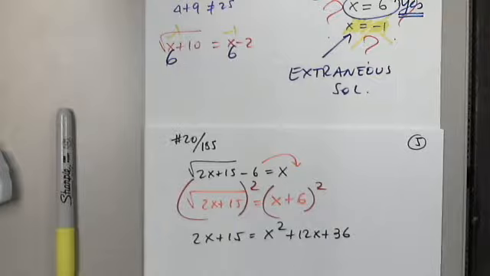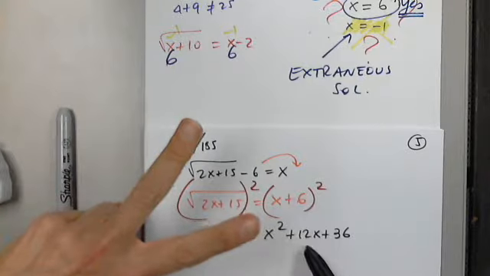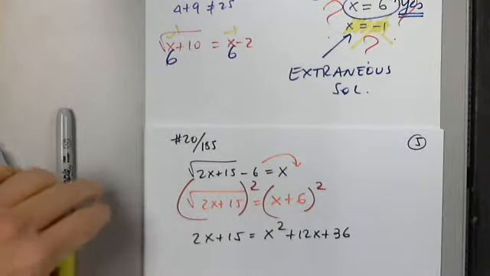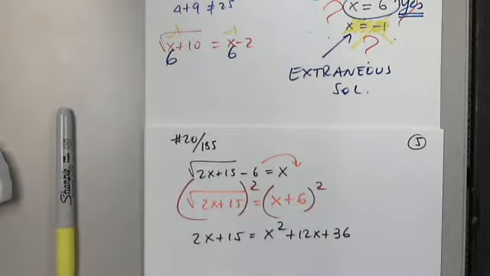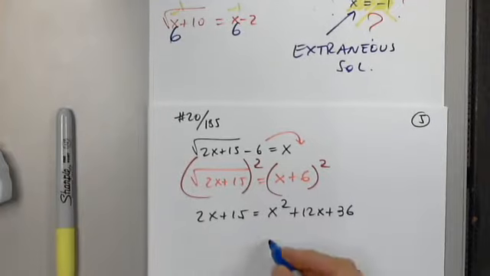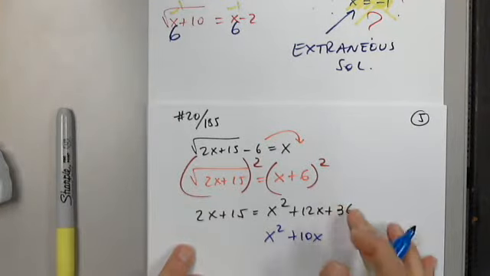A binomial squared is a trinomial. First term squared plus 2 times the first times the second plus the second term squared. What type of equation is this now? What do we do to it? Very good. X squared. I subtract 2x and I subtract 15.